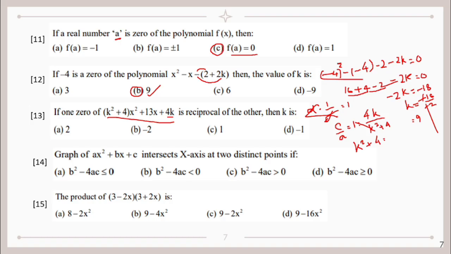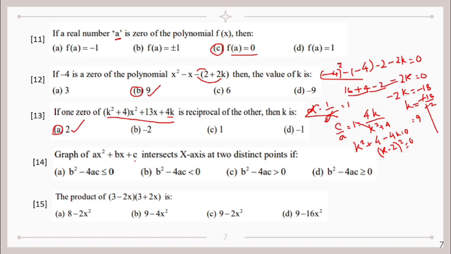Right side 1 into 1, 4k. 4k will come to the left side and become minus 4k equal to 0. Now this is a quadratic equation: k square minus 4k plus 4 equal to 0. That is a square minus 2ab plus b square form. So it will be k minus 2 the whole square. So k minus 2 the whole square is 0 means k minus 2 is also 0, k equal to plus 2. So option A will be your answer.